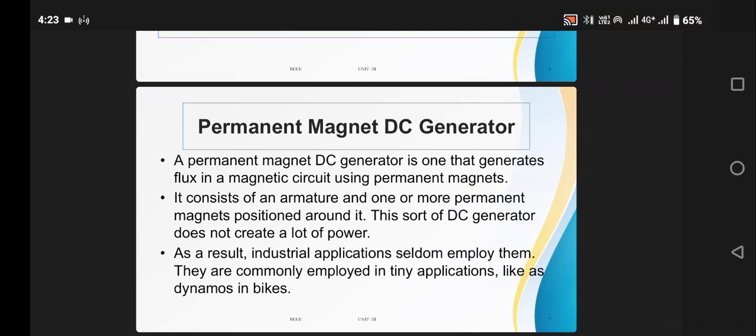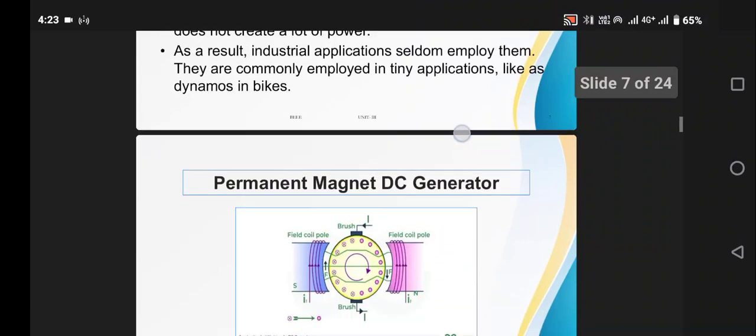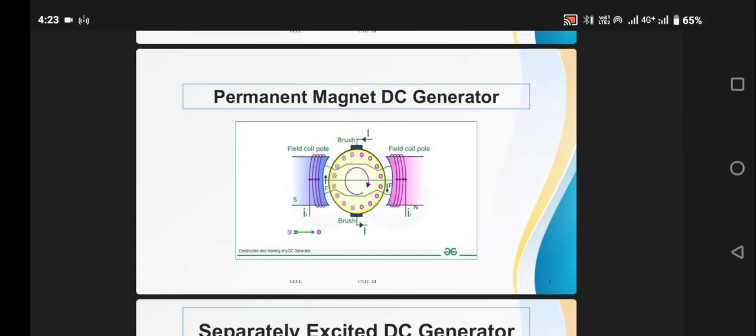This type of DC generator does not create a lot of power, and it is commonly employed in tiny applications like bike dynamos. The construction of a permanent magnet DC generator looks like this.